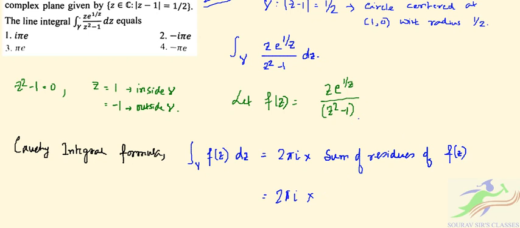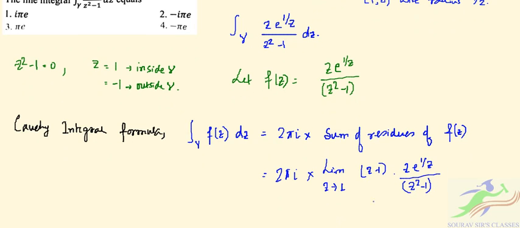So at z equal to 1, the residue is the limit as z tends to 1 of (z minus 1) multiplied by f(z). Putting in the value of f(z), z e to the power 1 by z over z square minus 1, the z minus 1 factors cancel out.